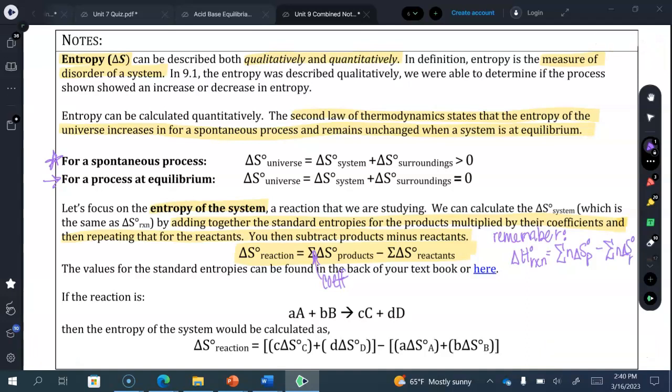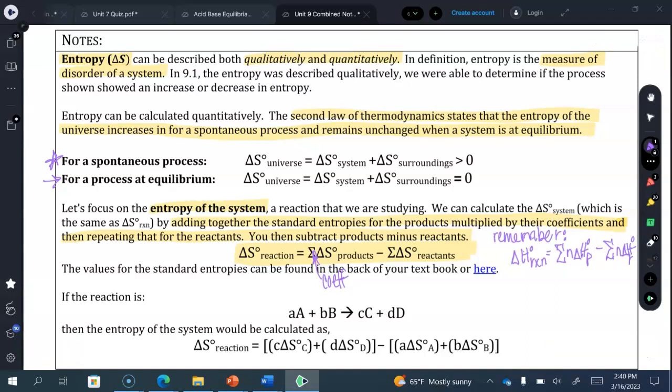I put delta S and not delta H, so that should be delta H. Let's fix it. There we go. Okay, well, that was silly.